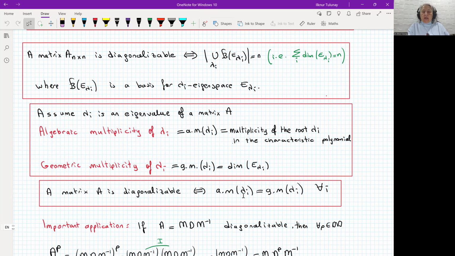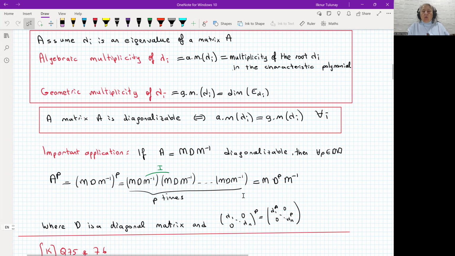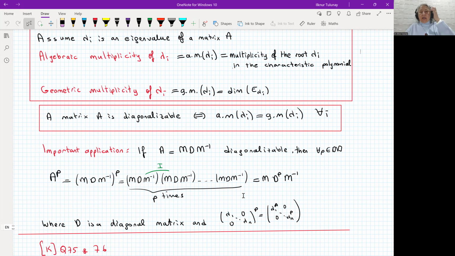Okay. Now, why do we want diagonalization? Diagonalizable matrices are used for big computations, like powers of something. It is easier to calculate a power of the matrix if we know how to diagonalize it.